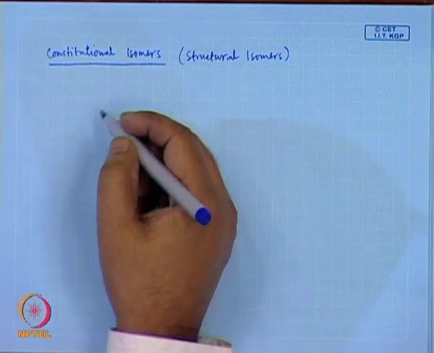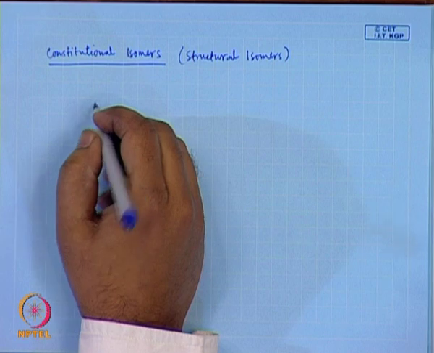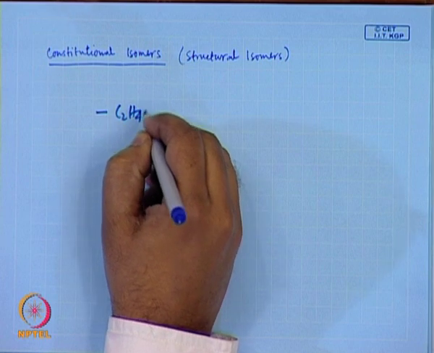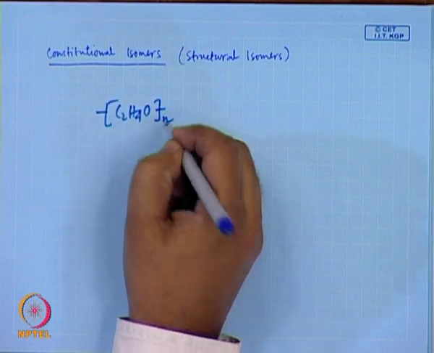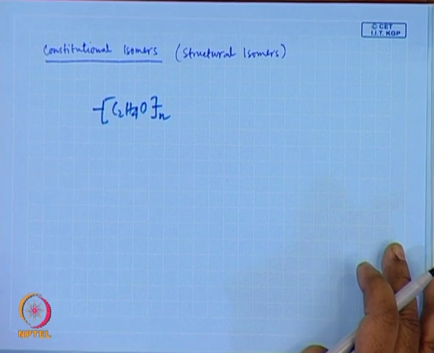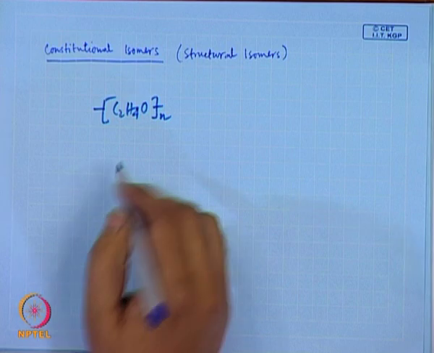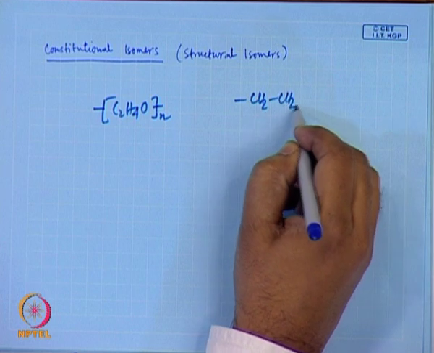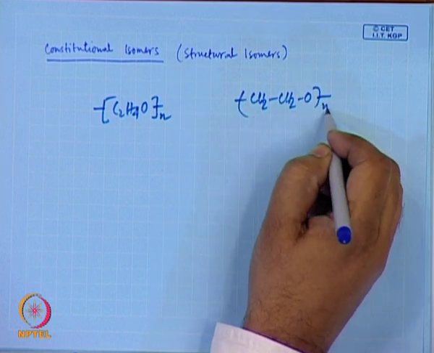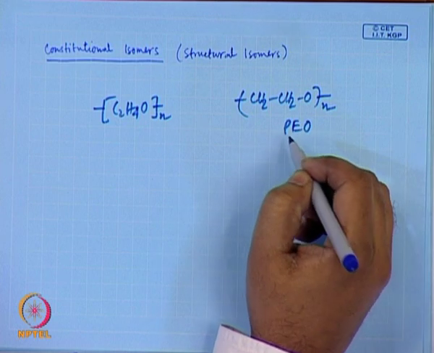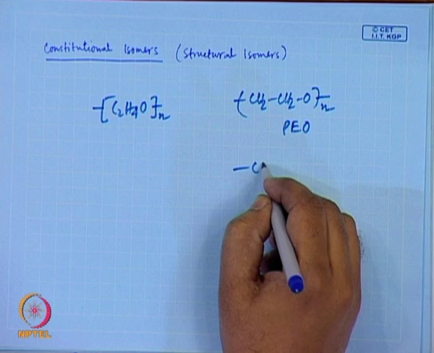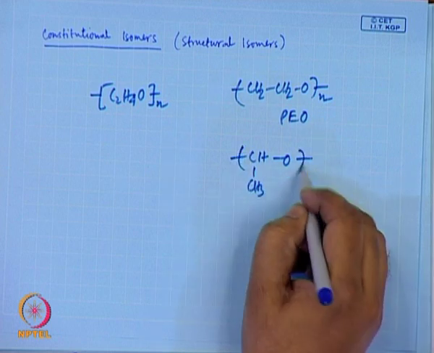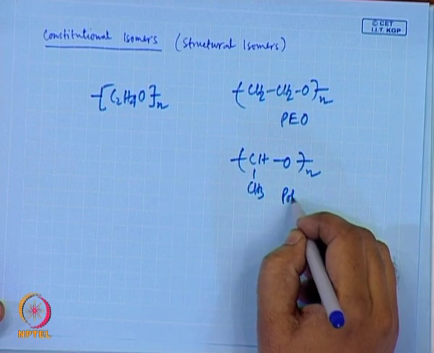Now, let us consider a polymer having a repeat unit molecular formula of C2H4O. Now, that is the formula of the polymer repeat unit. What are the polymers possible with this molecular formula? We can write something like this, which is PEO, polyethylene oxide, or we can think of a polymer like this, which is polyacetaldehyde.